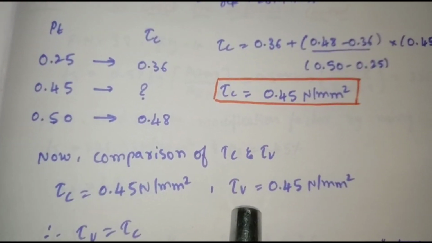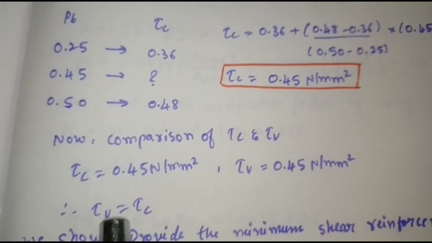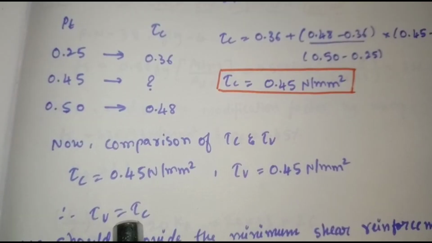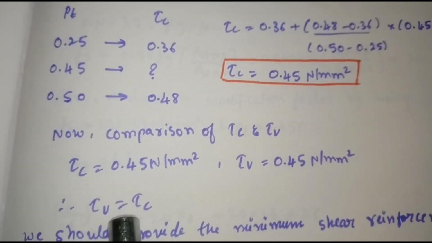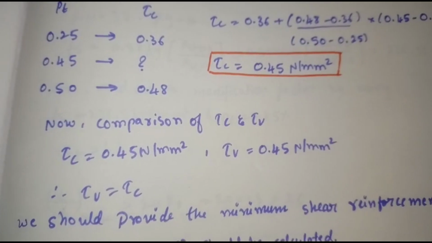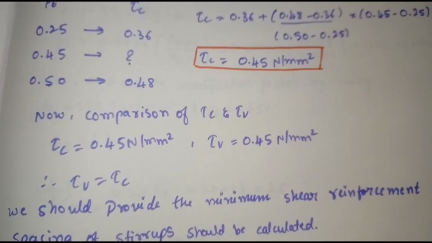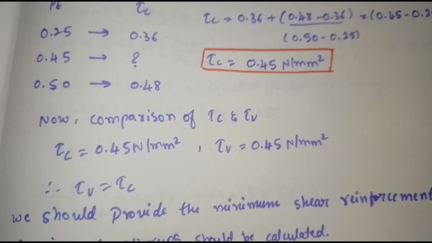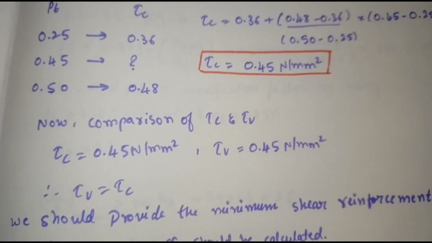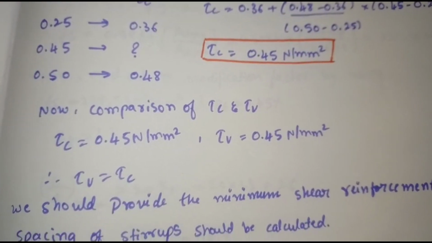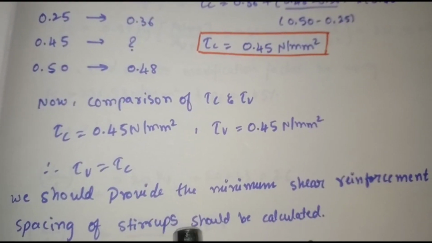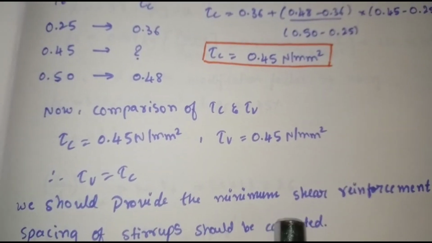So both values are equal. When our tau C is equal to tau V, we should provide the minimum shear reinforcement. The shear is carried by concrete. So we need to calculate the spacing of stirrups.